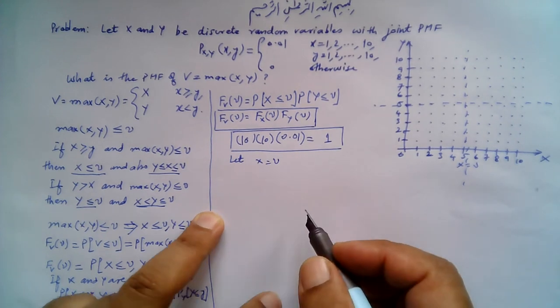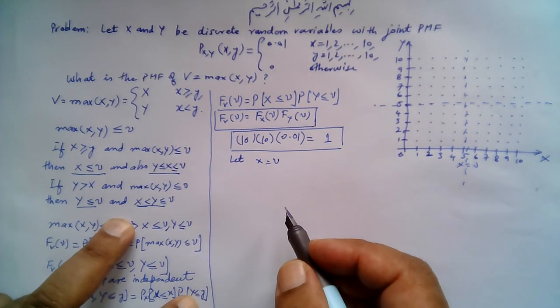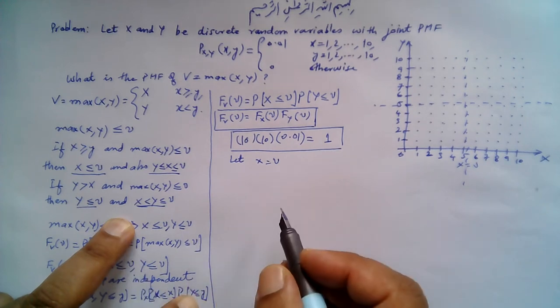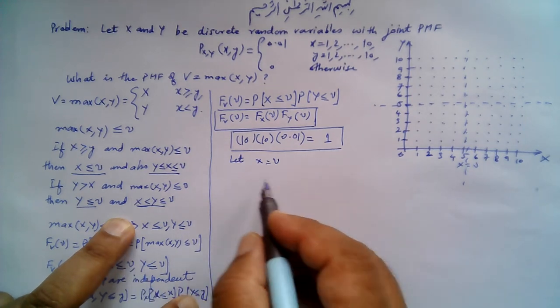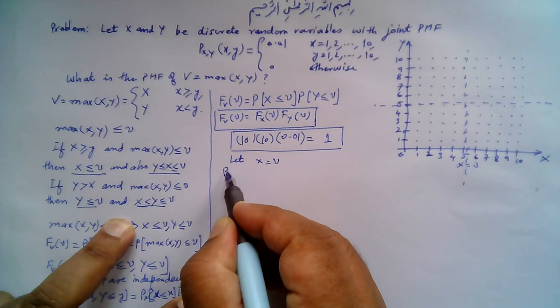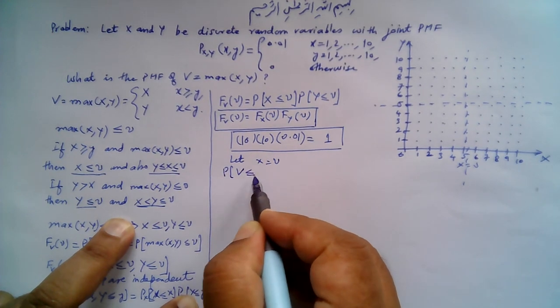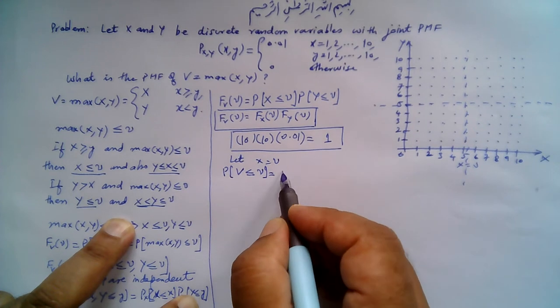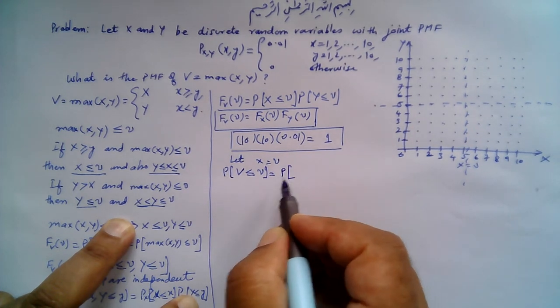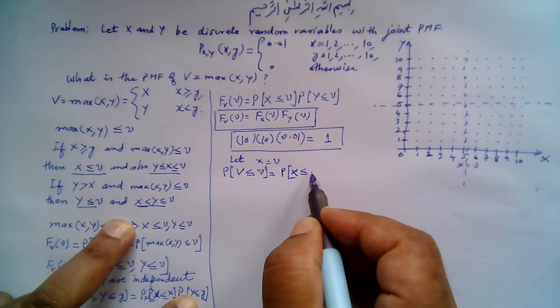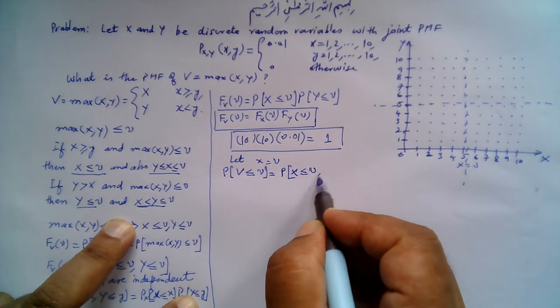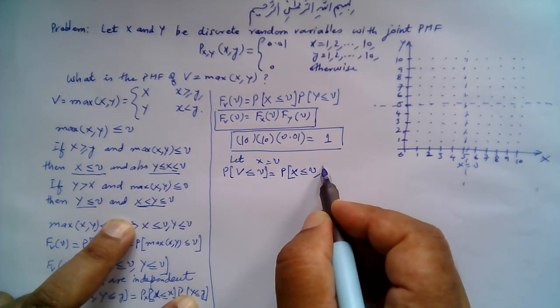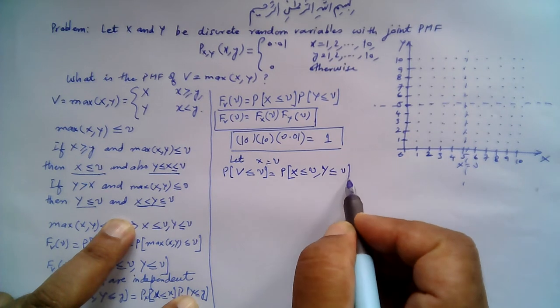So if we are to consider, for example, the probability that V is less than or equal to v, then this is equal to the probability that X is less than or equal to v and Y is less than or equal to v.